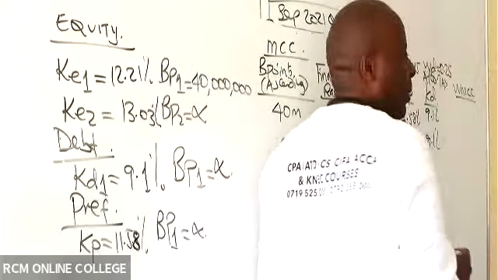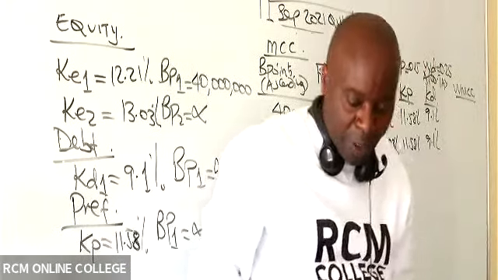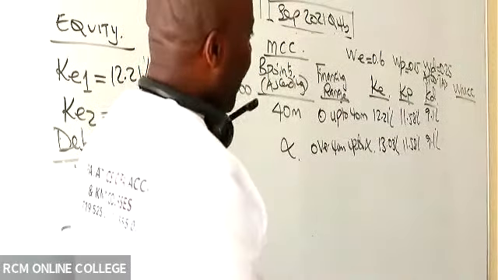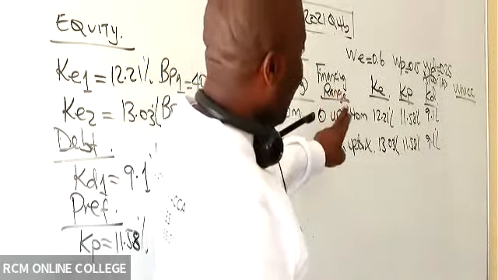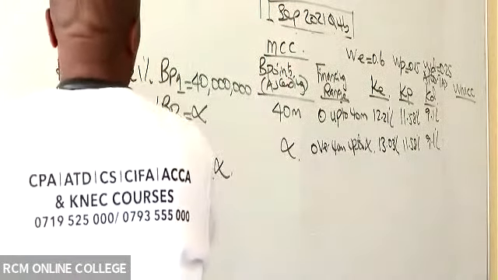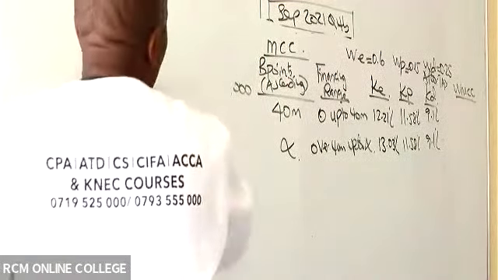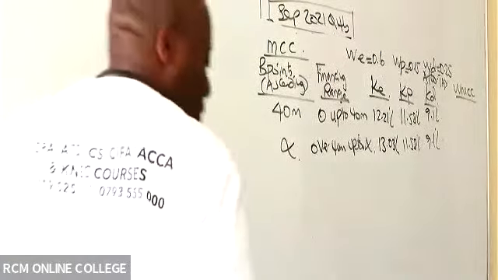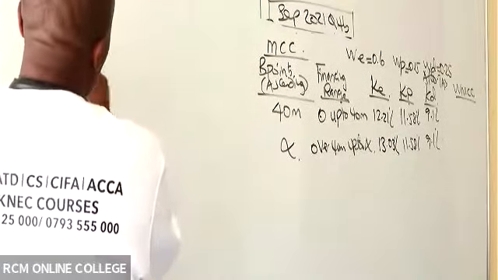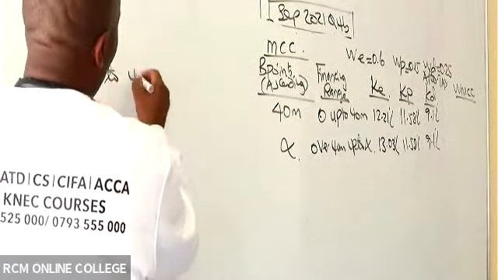Now, are you able to give me the WMCC? The weight of marginal cost of capital. It's very, very easy. So you take like the first one. I would want to be very clear. So WMCC for the first financing range, 0 up to 40 million.